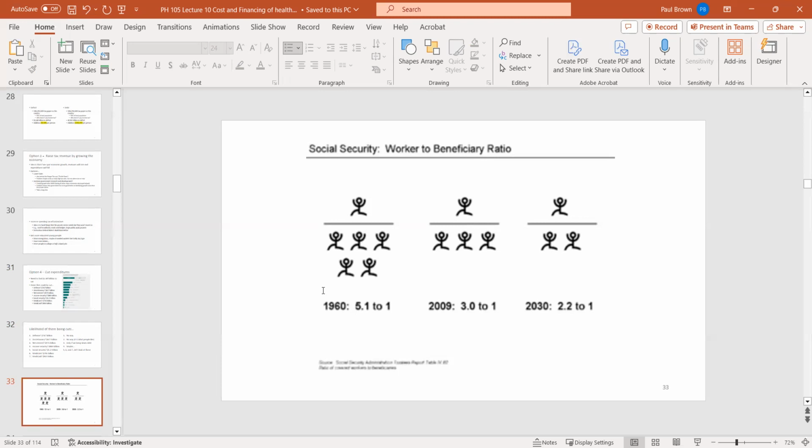And if you have fewer younger people, then you have fewer people paying for more and more older people who are retired. So what this shows is that back in 1960, you had about 5 workers for every person who was retired and got Social Security. So in 1960, what do you think the average life expectancy was?